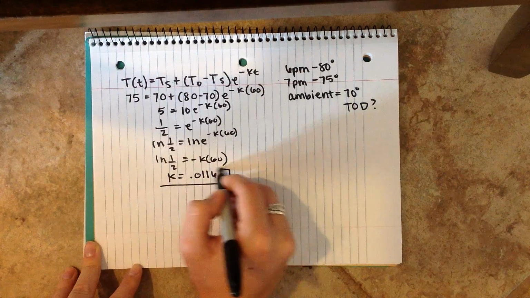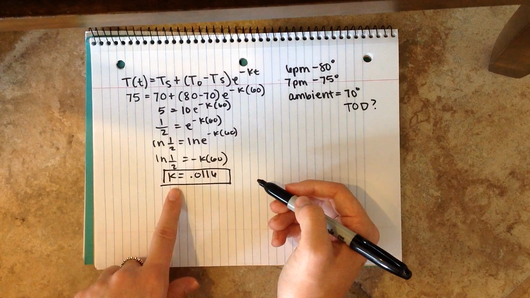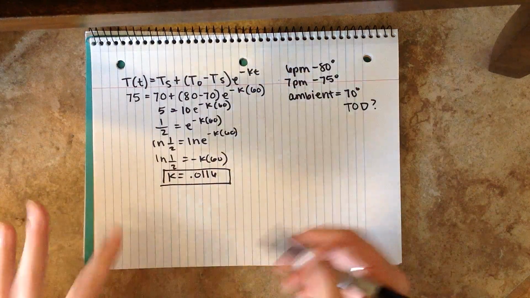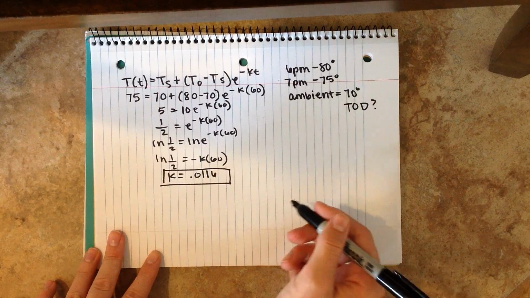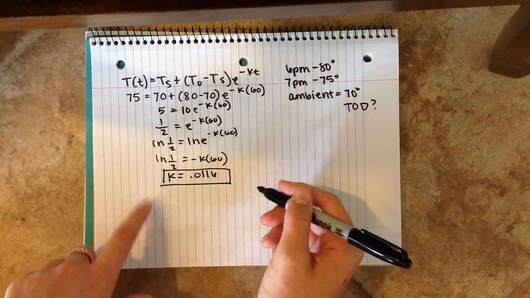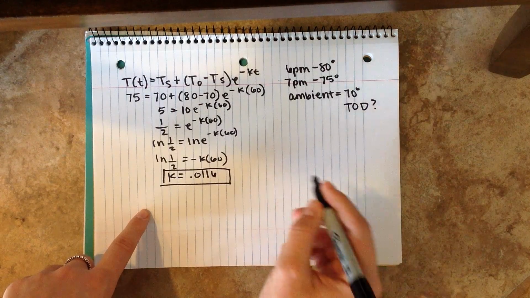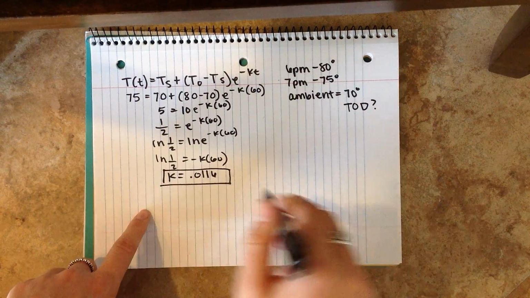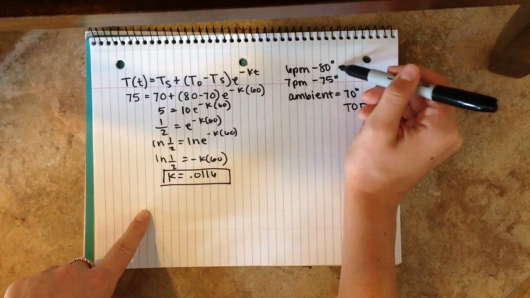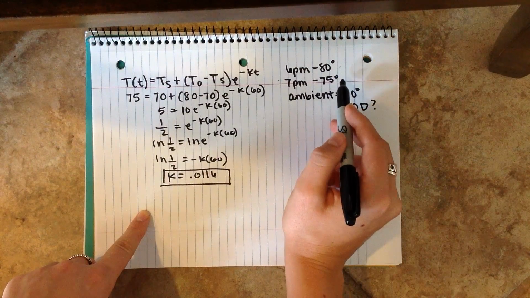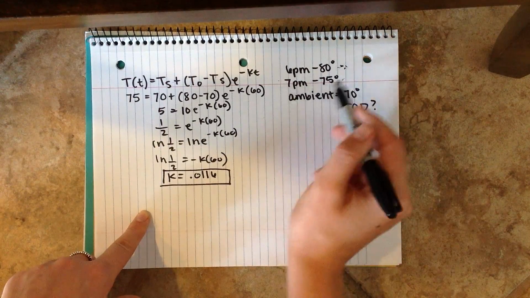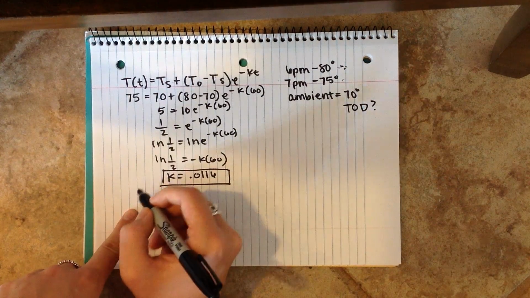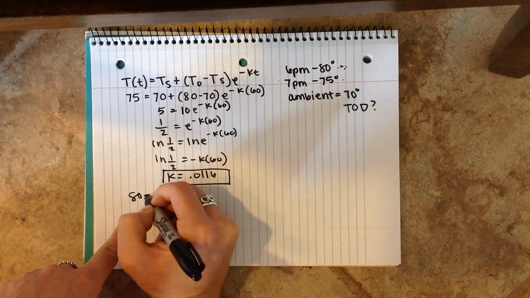So given k, which is our decay coefficient, you're going to create a new formula to find t, the time elapsed from the time of the homicide to when the body was 80 degrees, which you could also do with 75, but 80 is closest to the time of the homicide, so I'm going to use that.